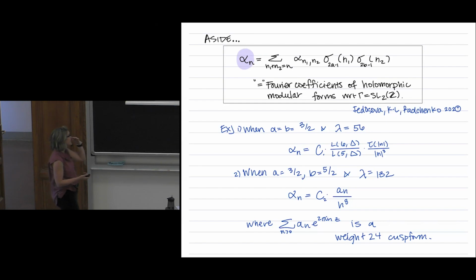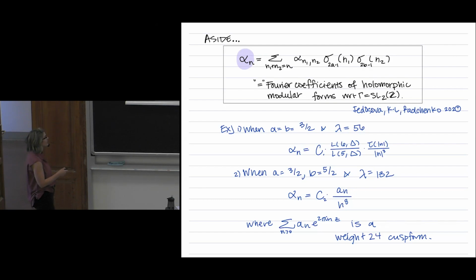In other cases, like when we choose A and B to be 3/2 and we pick a larger eigenvalue, we see the coefficient of the Ramanujan delta function, the Fourier coefficients over n cubed, weighted by a nice L-value.